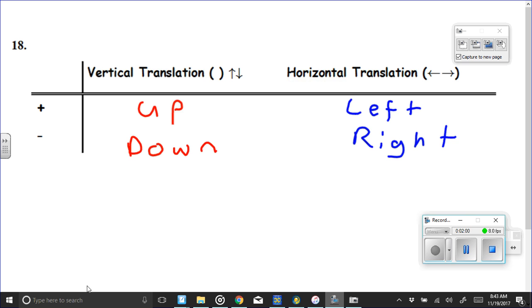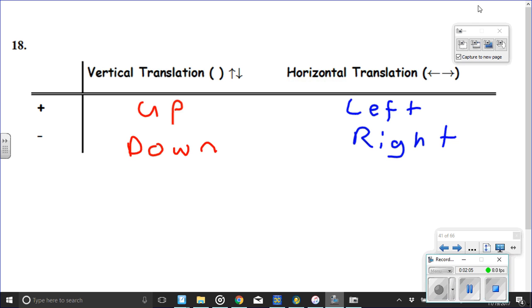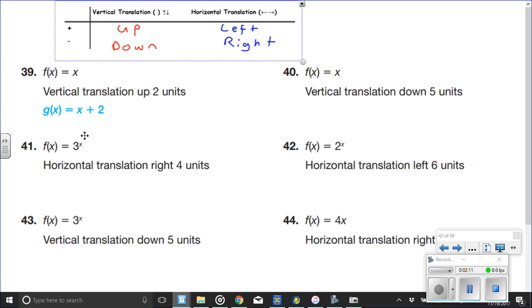So let's take a look at a couple of examples. All right. So in this first example, we got a vertical translation up 2 units. So since it's up, we're going to put the positive 2 to the x. So that's vertical translation.